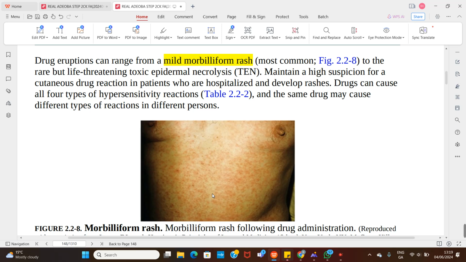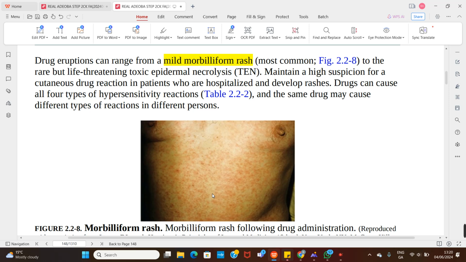That means the rash starts either from the head, neck, or the trunk, and it moves outwards to the extremities. That is classic for measles, right? And that is what you call the morbilliform rash.